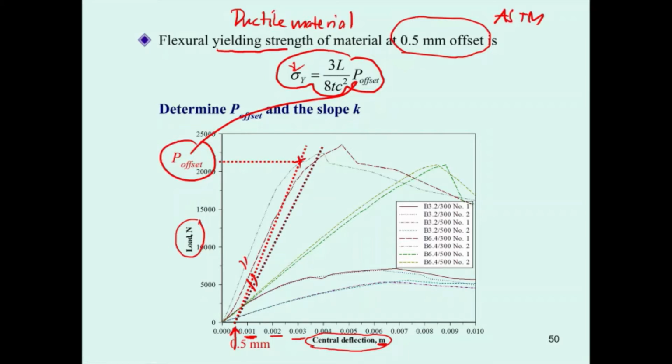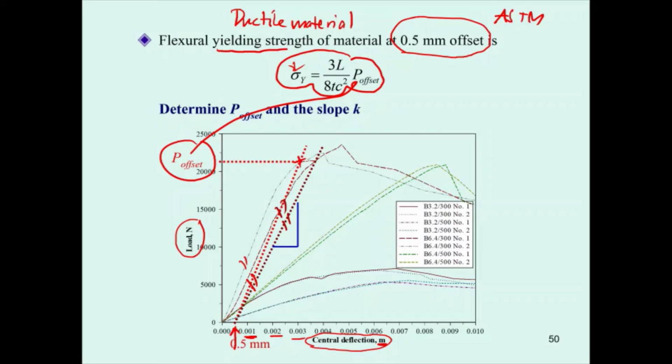You can also check the second graph, but this time you draw the line parallel to the second graph, and you get a P offset very close to the first one. But the two graphs are a little bit different in determining E.